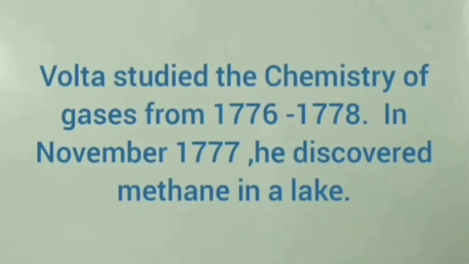Volta studied the chemistry of gases from 1776 to 1778. In November 1777, he discovered methane in a lake. If you are asked to write the information that he discovered which gas and where, then you have to write methane gas and from a lake.